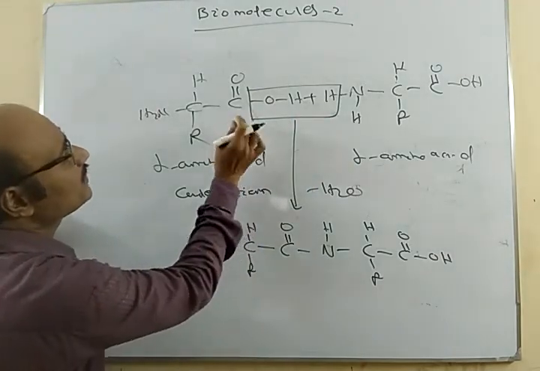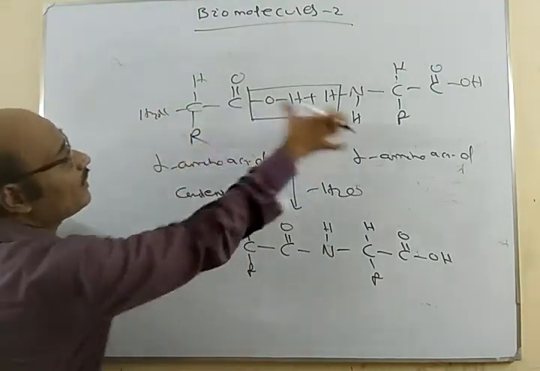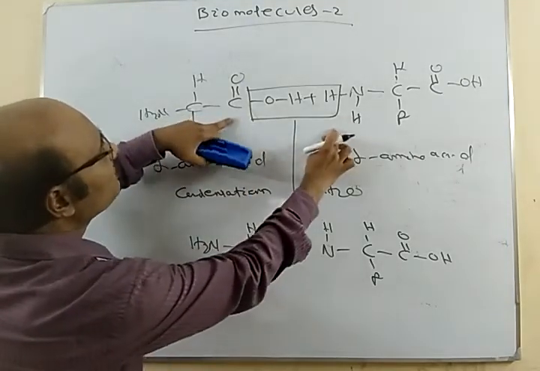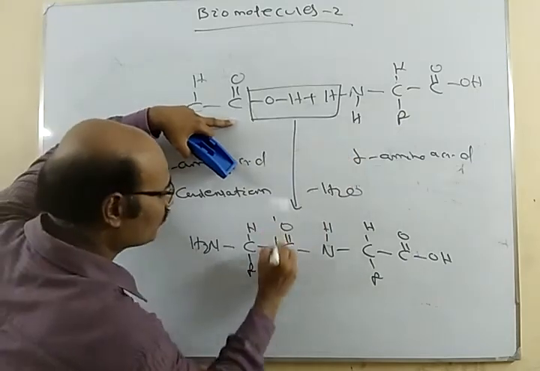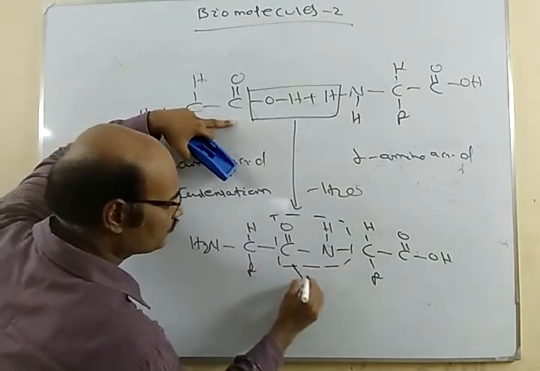See, this is one alpha amino acid molecule, this is another one. Now these two are joined by what? C double bond O, N.